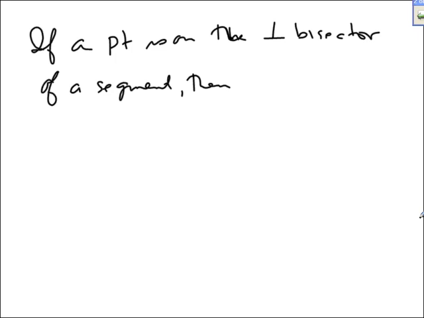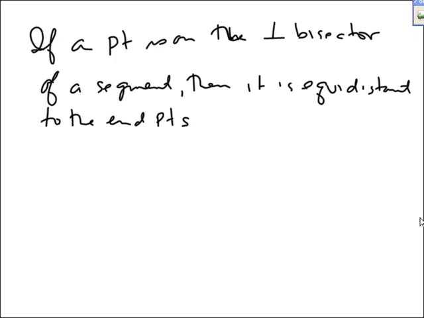Well, then it is going to be equidistant to the endpoints of that line segment. What is this saying?